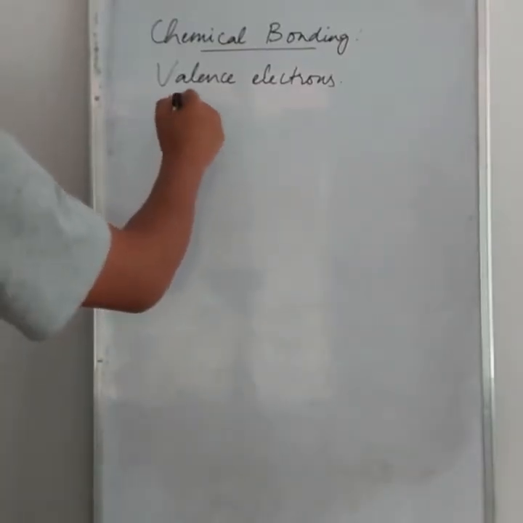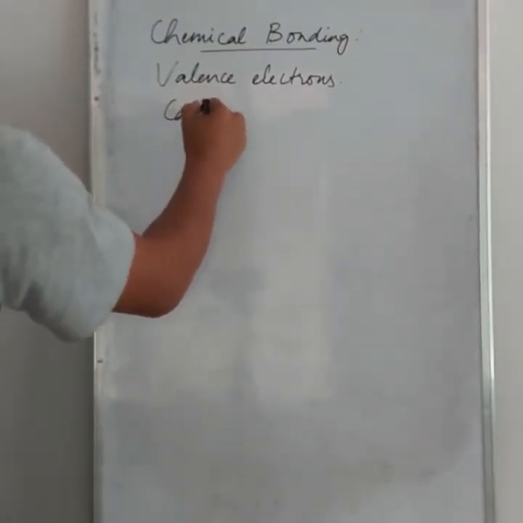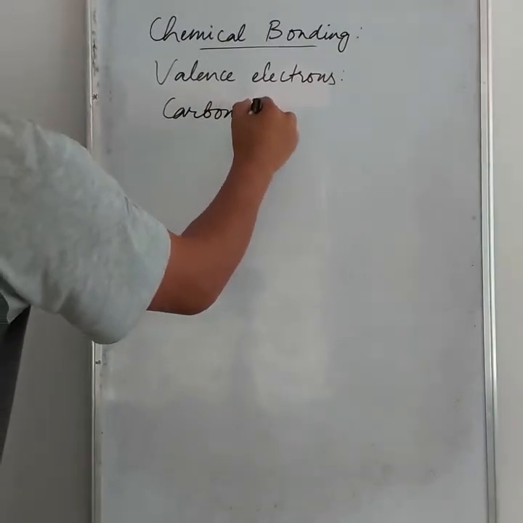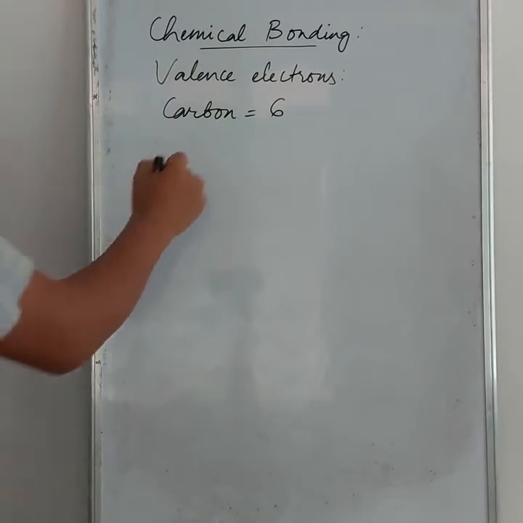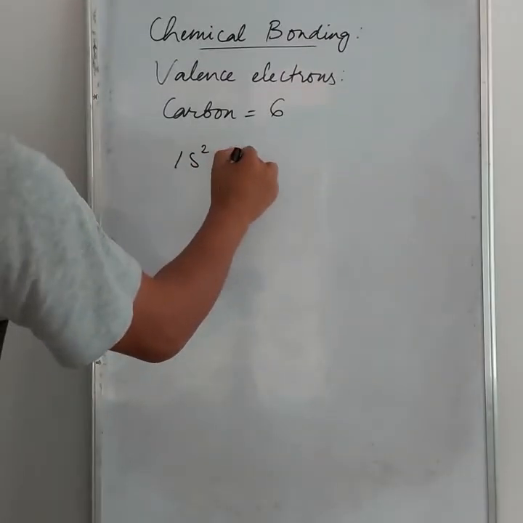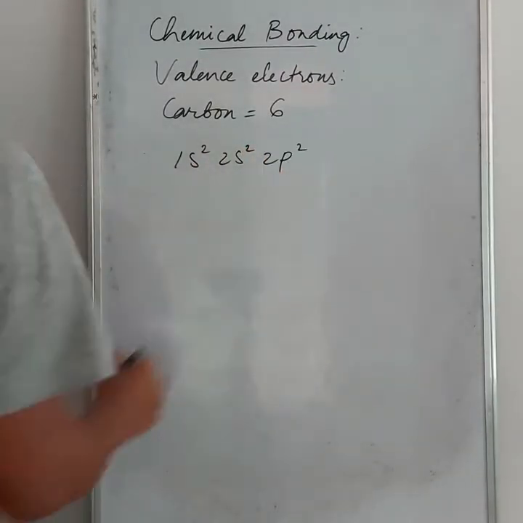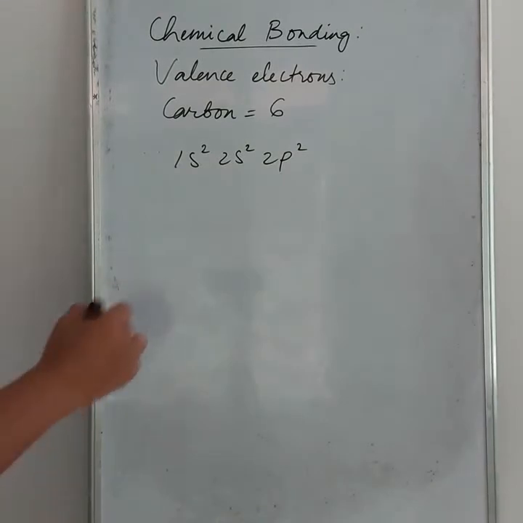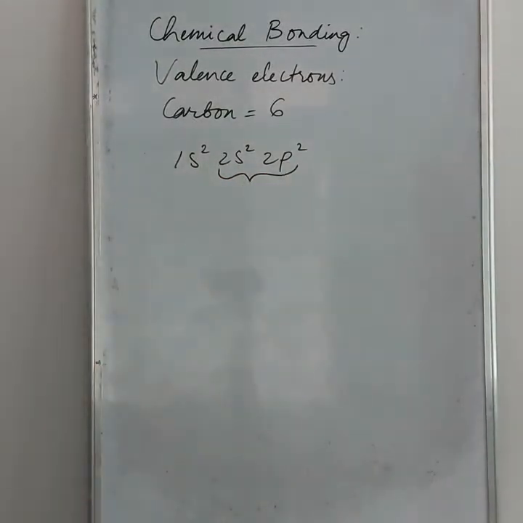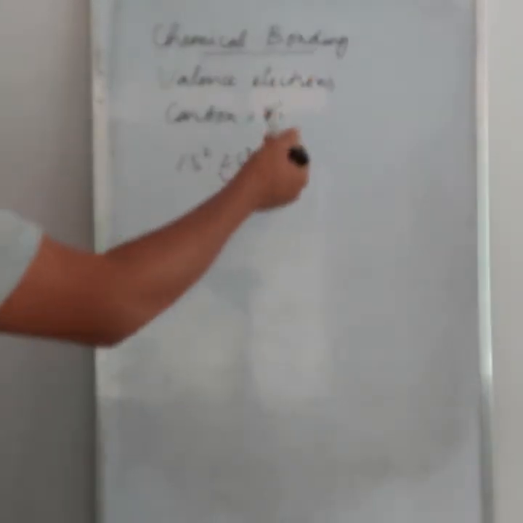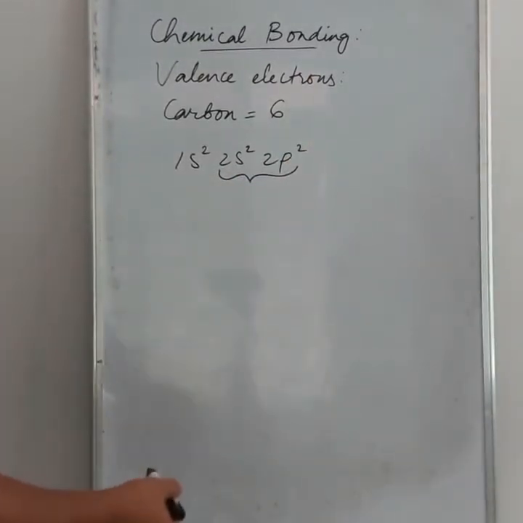For carbon, we know its atomic number is 6. That means it has 6 electrons. So 1s2, 2s2, and 2p2. Here, the last two orbitals give you the number of valence electrons or valency of that particular element.